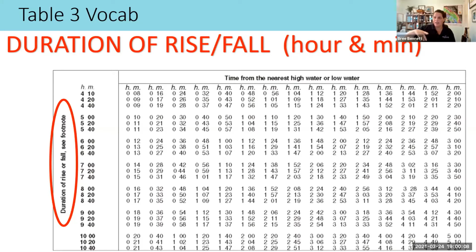Or I think Brian was telling us, he was in class, that it was like 20 hours or something. So we have the duration of rise or fall, whether you're falling or rising, consecutive tide, and that we're going to get in hours and minutes. Did it take 4 hours, 10 minutes?